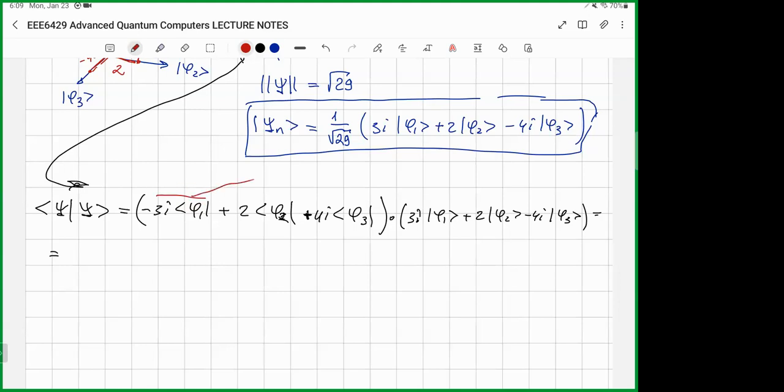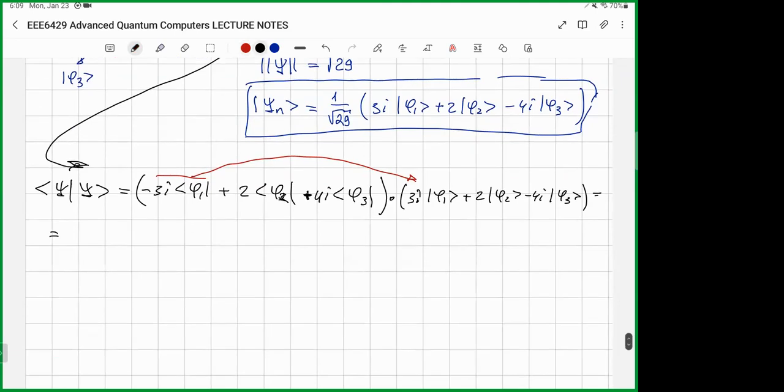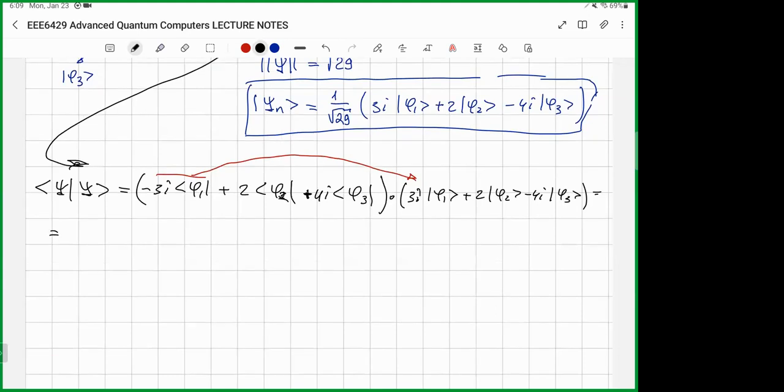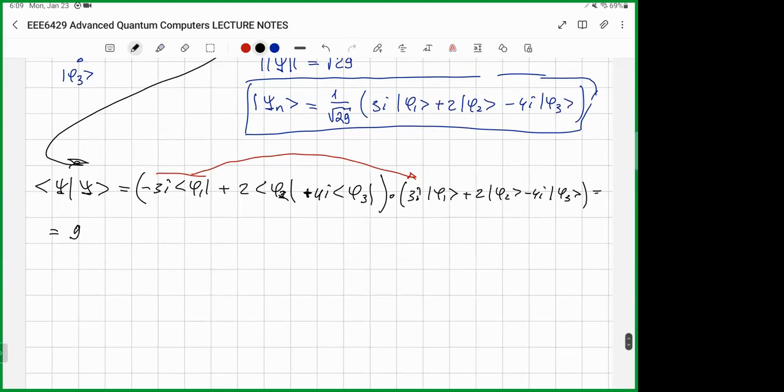For example, this one by this one, I get minus 3i times 3i. It is 9 because i times i gives me minus 1, and I have another minus here, so it's 9. And then bra phi1 and ket phi1.